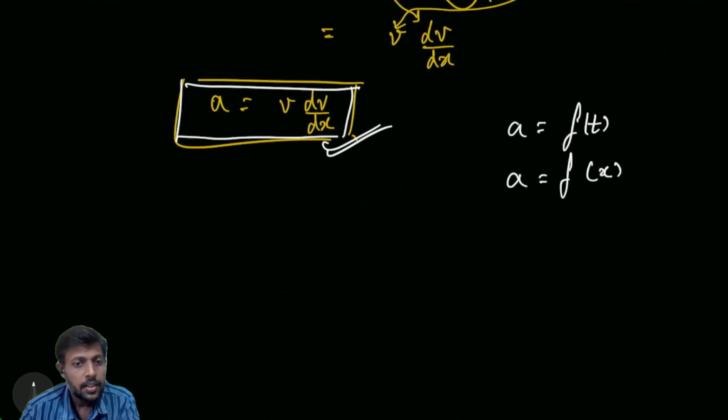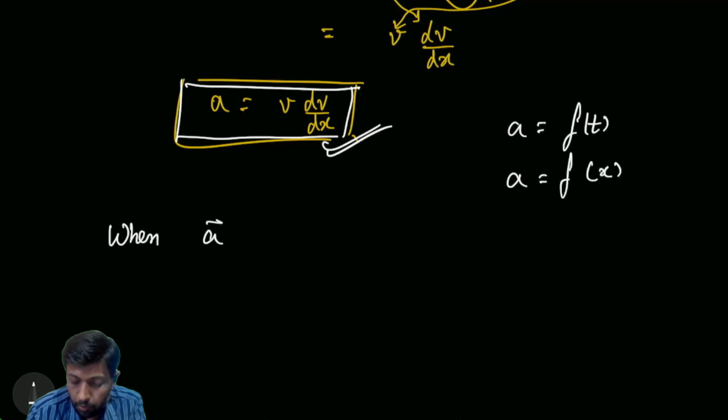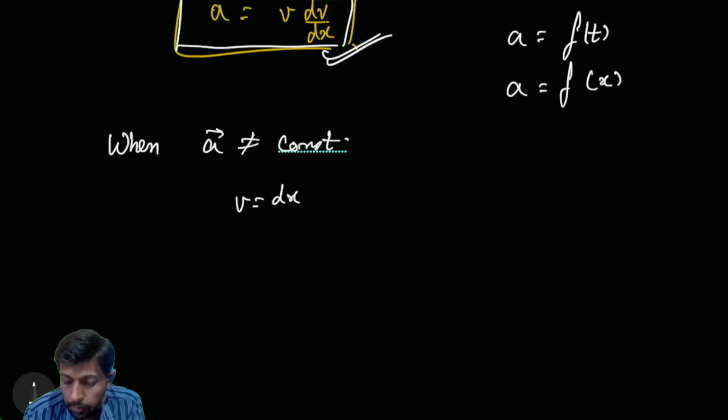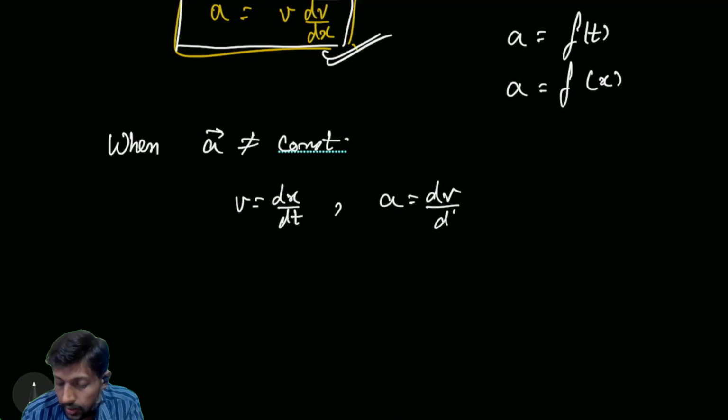So when acceleration is variable, when acceleration is not a constant, then you use these three differential relations. v equal to dx by dt, a equals dv by dt, and a also equals v dv by dx.